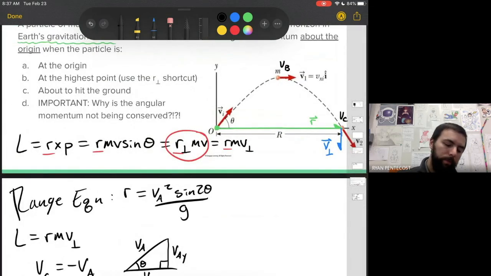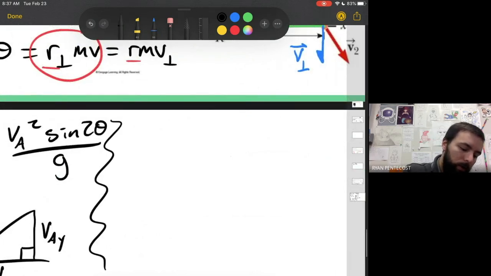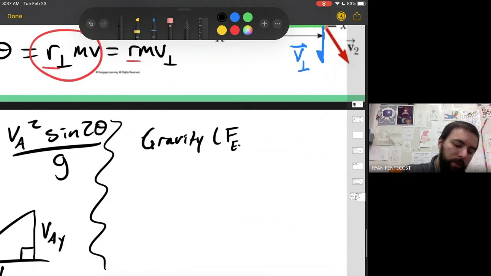Now our last part, this is marked important. Why is angular momentum not being conserved here? I will actually write this out. What's happening here is that gravity, which is an external force, is acting on this system.